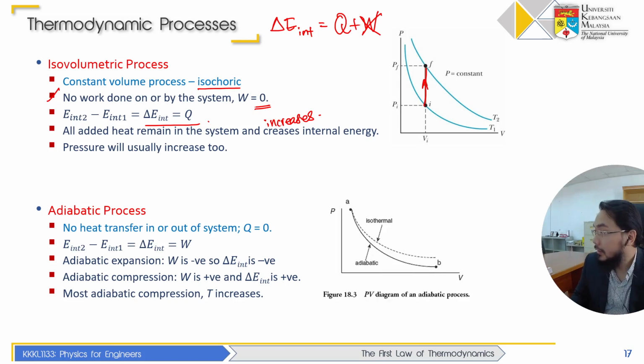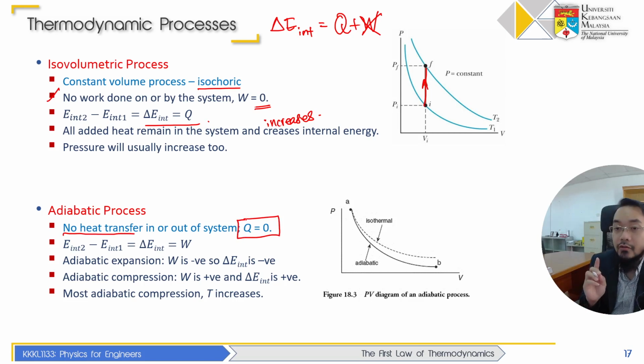All right. Now the second one is the adiabatic process. In an adiabatic process, we know that the condition is no heat transfer. So straight away you know that Q must be equal to 0. When Q is 0, the change in internal energy is equal to the work done.